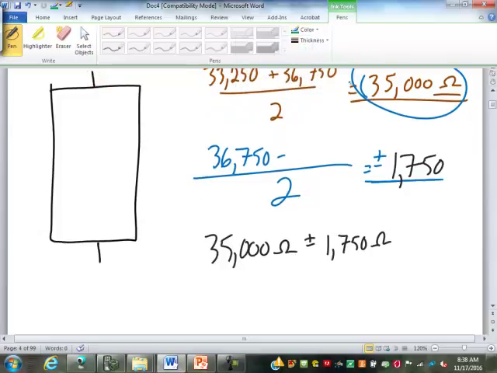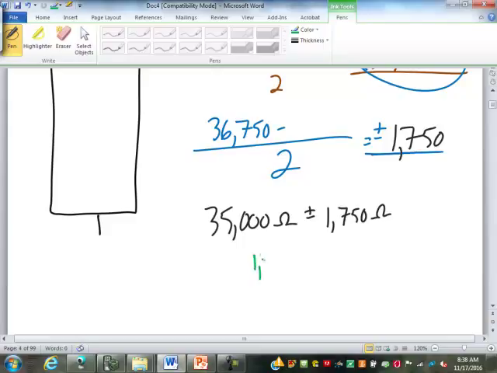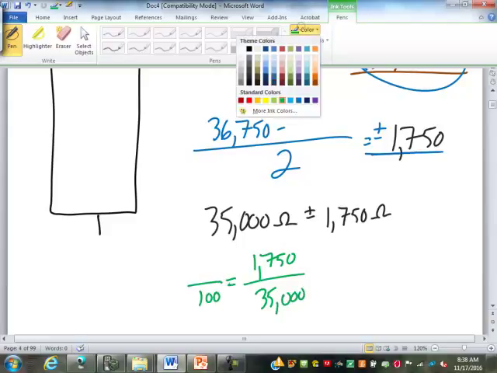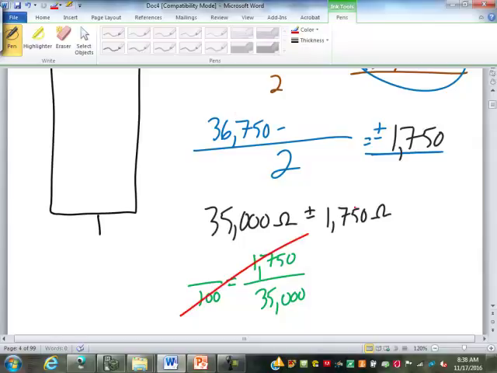So how do I turn that into a relative allowance? 1,750 over 35,000 is equal to blank over 100. 100 times 1,750 divided by 35,000 is 5. So this is a plus or minus 5%.